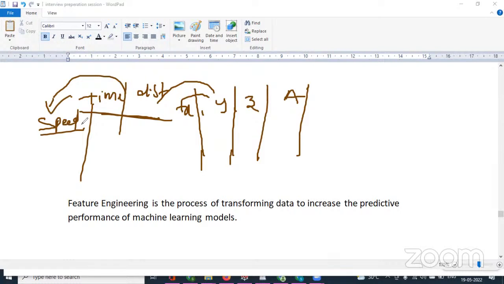Like that, you can do feature engineering, just extracting new information from the given inputs in order to increase the prediction accuracy of the label or output variable.